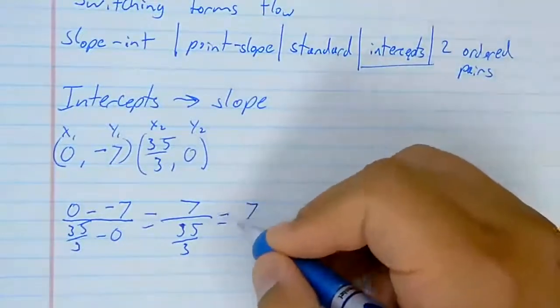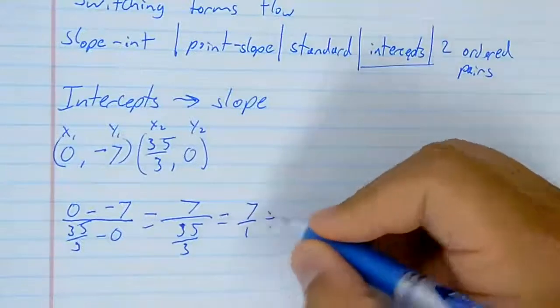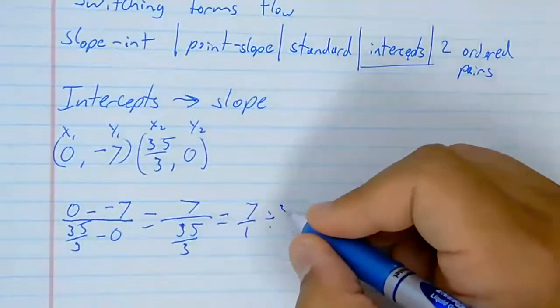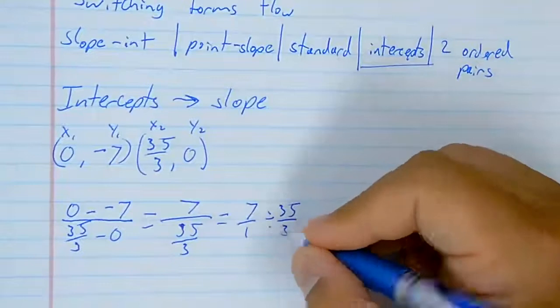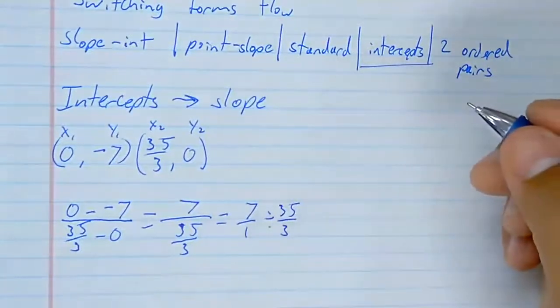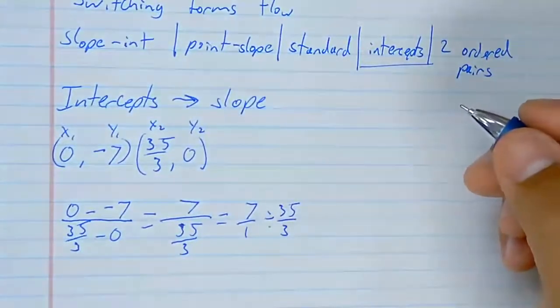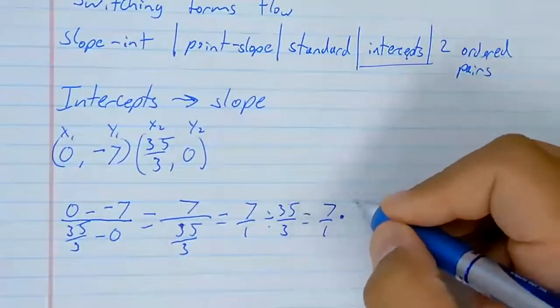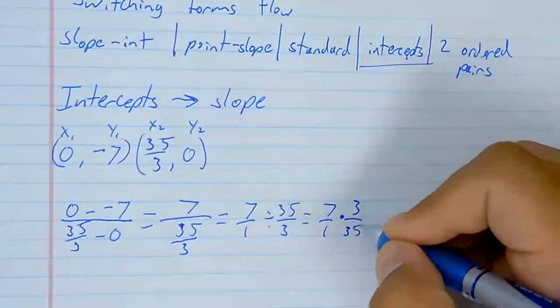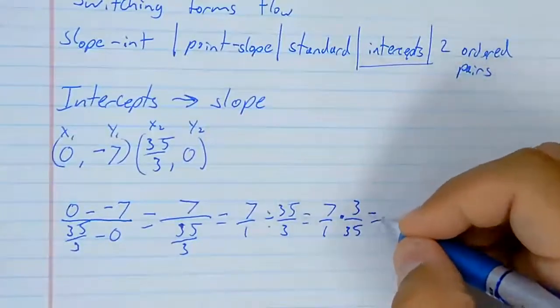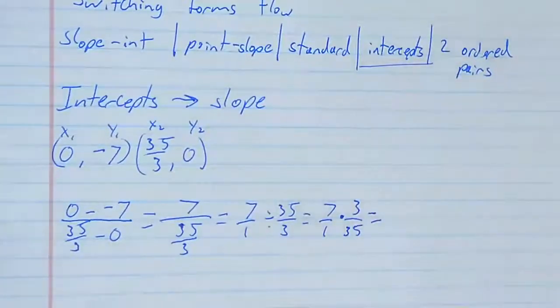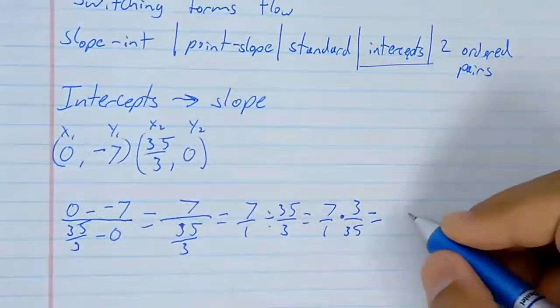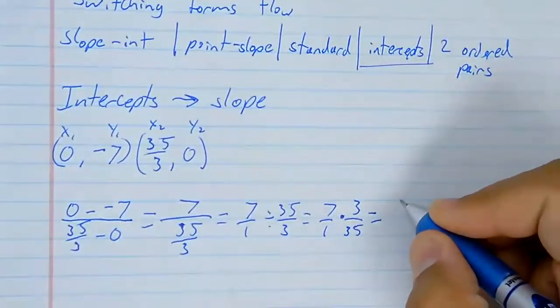This is really 7/1 divided by 35/3. When we do this, let's keep, flip, change. So this is 7/1 times 3/35, and this ends up being 3/5.